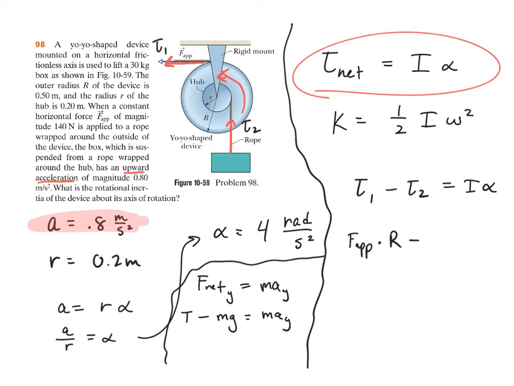So we want to find out the tension. We can say tension equals m a_y plus mg. And what is a_y in this problem? a_y is this value right here. That's the vertical acceleration that this object is actually feeling when it moves upward, in that upward direction.